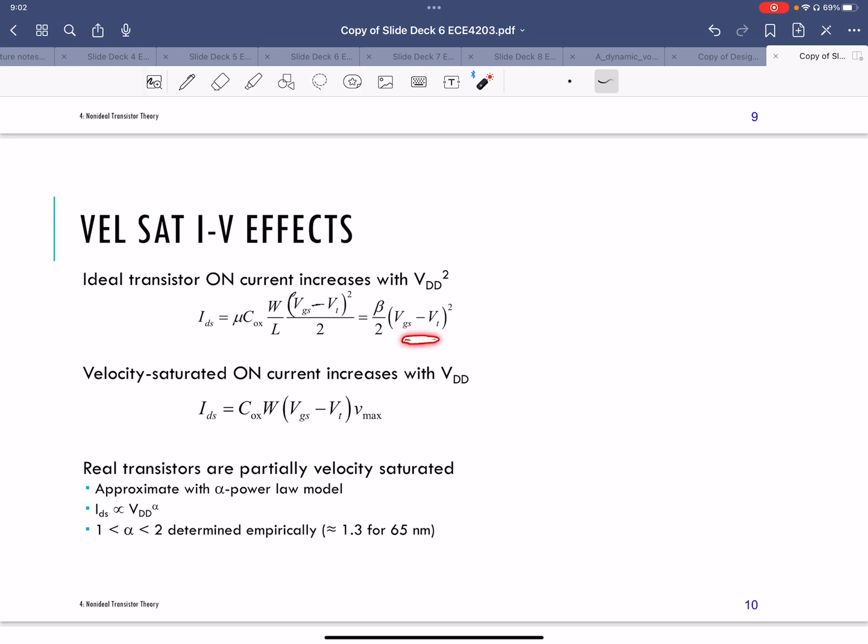But in reality, in the short channel effect, you end up being sort of linearly dependent on VGS minus VT, and you multiply that by some maximum velocity. So Vmax is the max velocity of carriers.